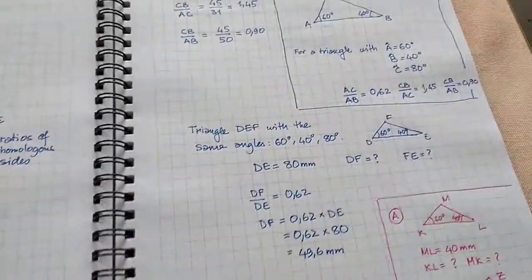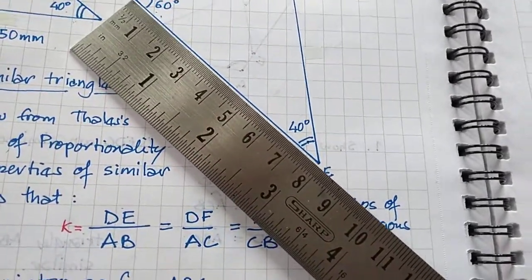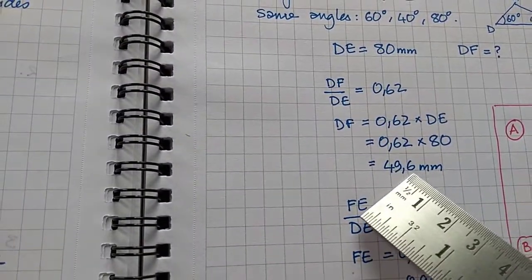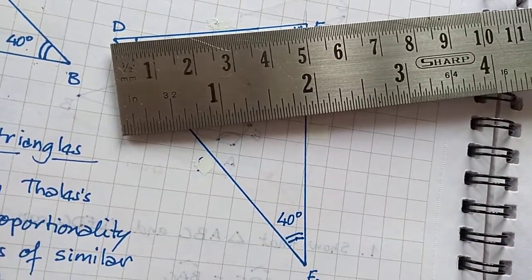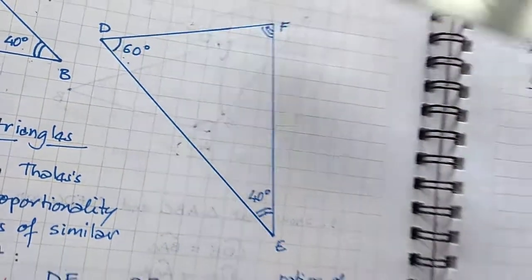And why did I choose 80? Because I had drawn this as 80 here, and if you see, it is 80 here. We found our DF is equal to 49.6, that is 50 millimeters. So if I measure DF here, you will see it is just under 50 millimeters, that is correct.